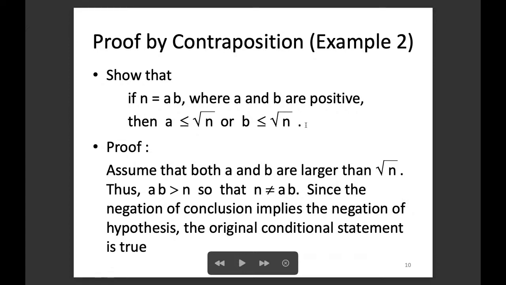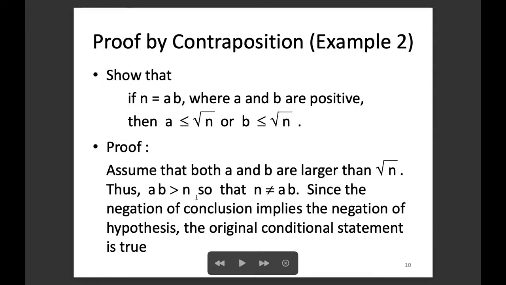When a and b are strictly larger than square root of n, the product will be strictly greater than n. And if a times b is strictly greater than n, then n cannot be equal to ab, because one is strictly larger than the other, right?